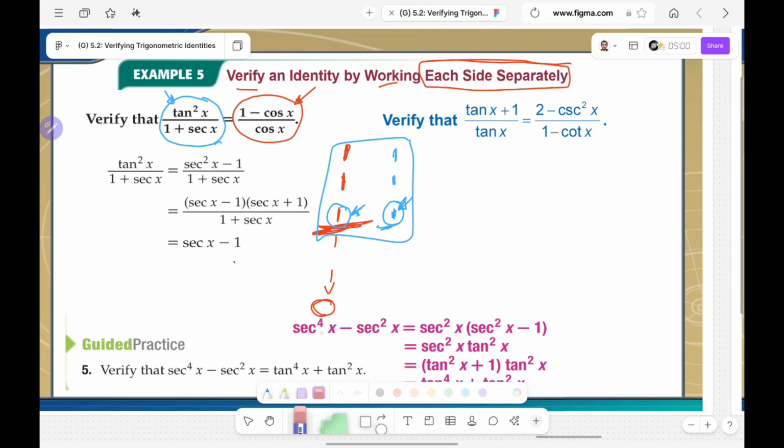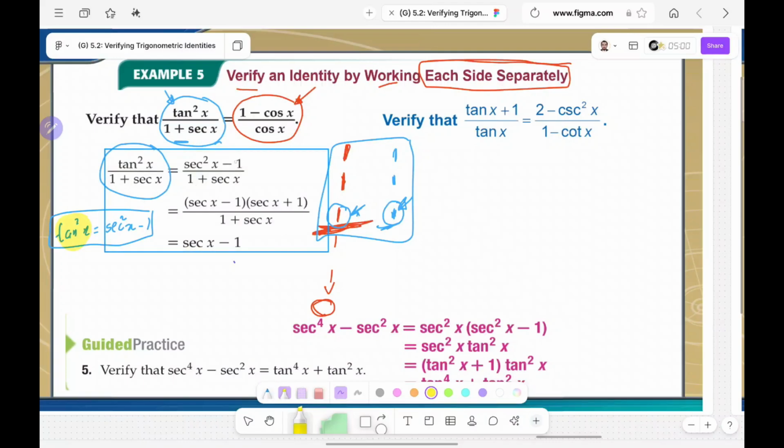So for example, look at this one here. In this question, I took tan squared x over 1 plus secant x. I took this side here, the left side. Now I know that tan squared x is the same as secant squared x minus 1. So I can replace tangent squared with secant squared x minus 1, as you can see here.